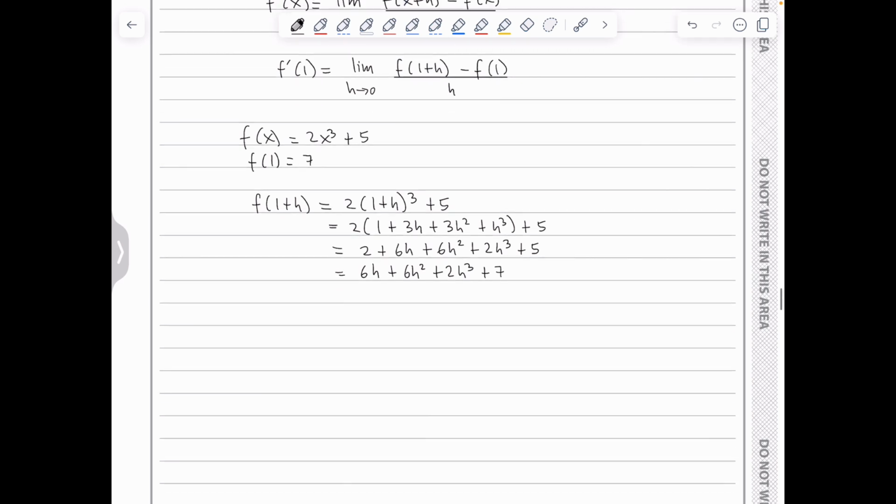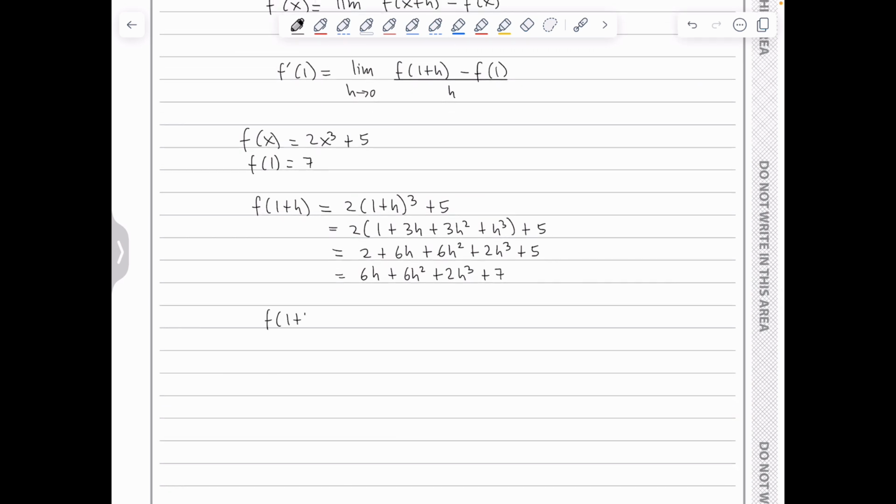Well, let's consider f of 1 plus h minus f of 1 over h, which is going to be 6h plus 6h squared plus 2h cubed plus 7 minus 7, which is the f of 1, over h.